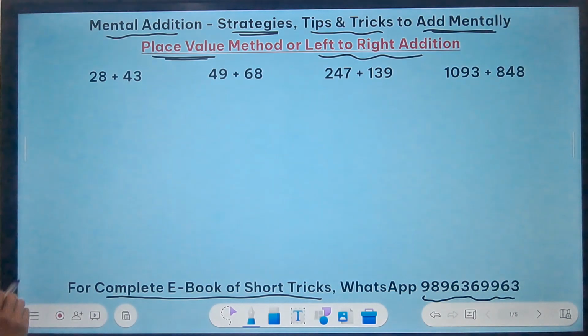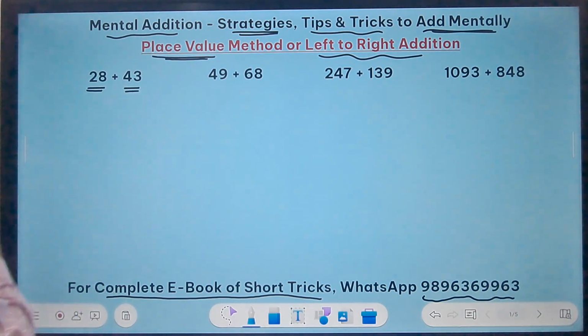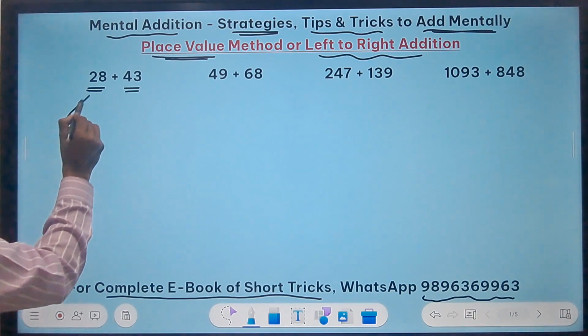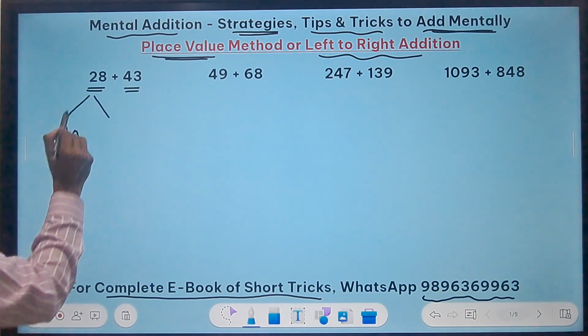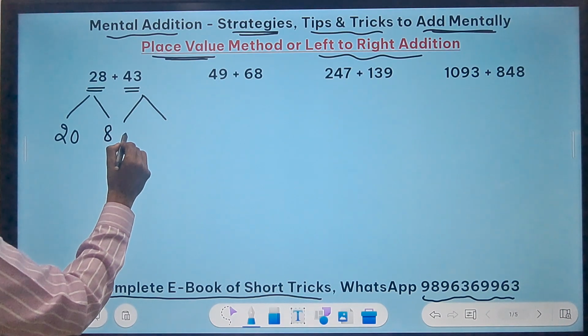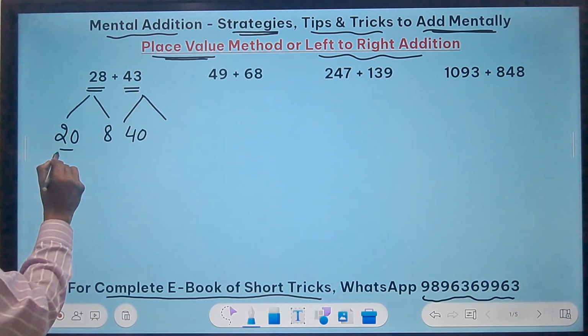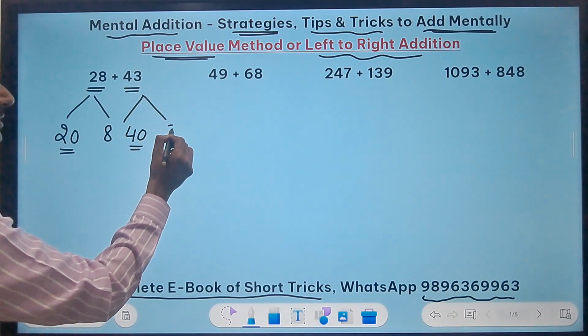See, place value. Now this number is a 2-digit number and this is also a 2-digit number. So I can break this number into tens, like 20 tens and 8 ones. Likewise, 43 is 40. That means 2 tens here and 4 tens here, and then a 3.